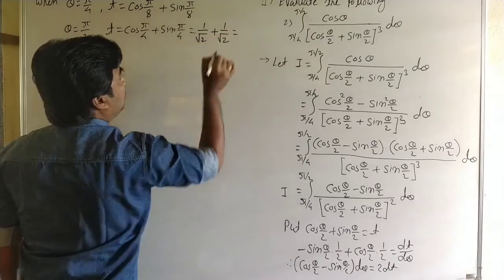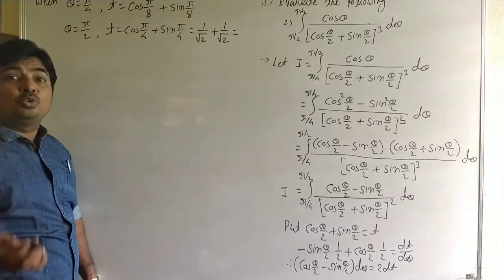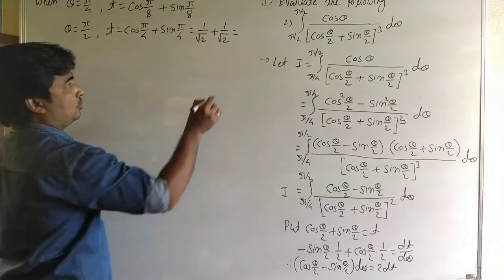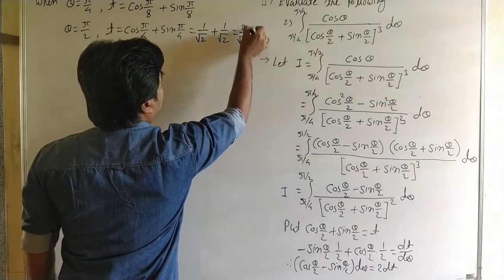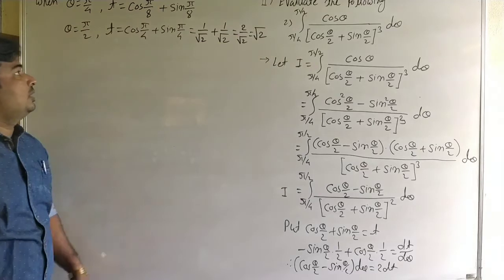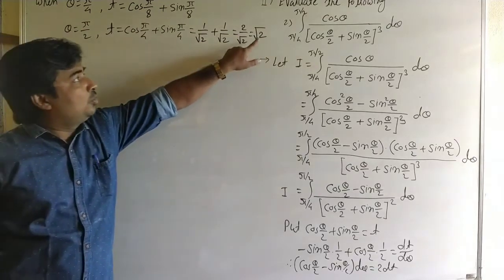Okay, and 1 by root 2 plus 1 by root 2, it is 2 by root 2, and 2 by root 2 we can write it is root 2.